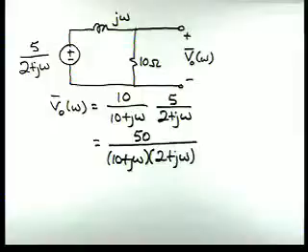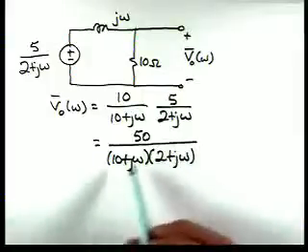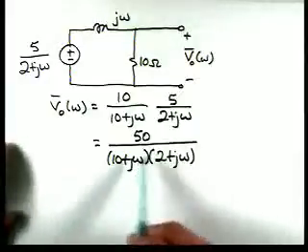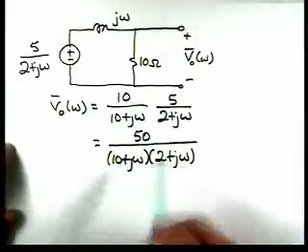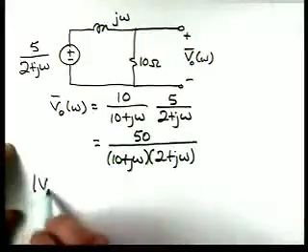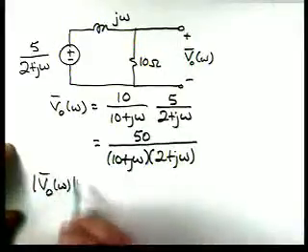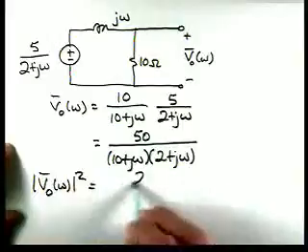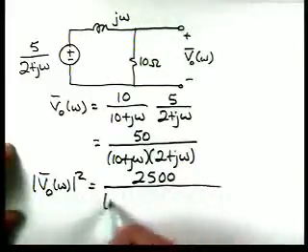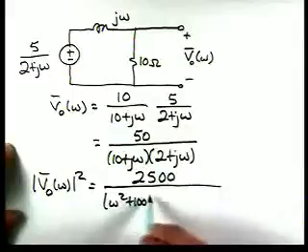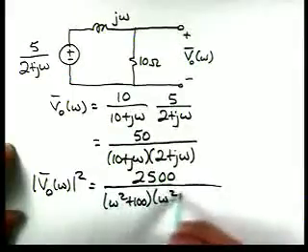Now, if you look at the magnitudes of these and square it, the magnitude of V0 of omega squared is 2500, which is 50 squared, divided by omega squared plus 100 times omega squared plus 4.